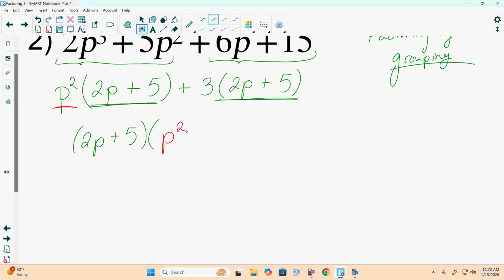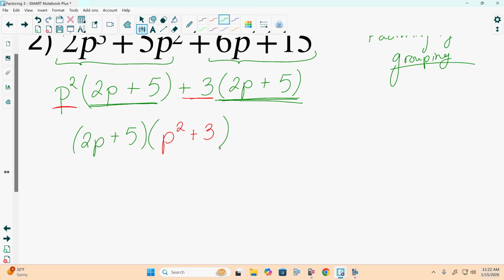And if I factor 2p plus 5 out of the second term, we're left with what? 3, and it would be plus. And we get 2p plus 5 times p squared plus 3.